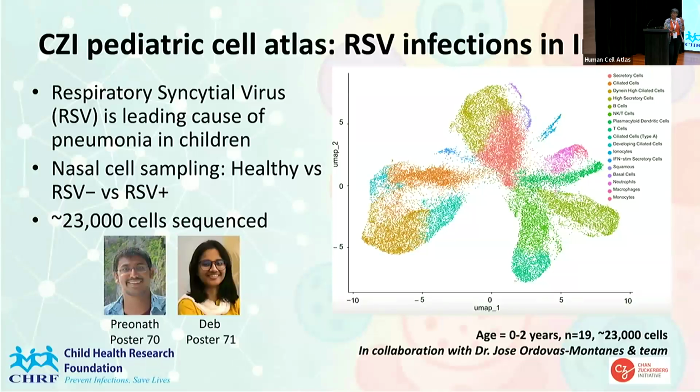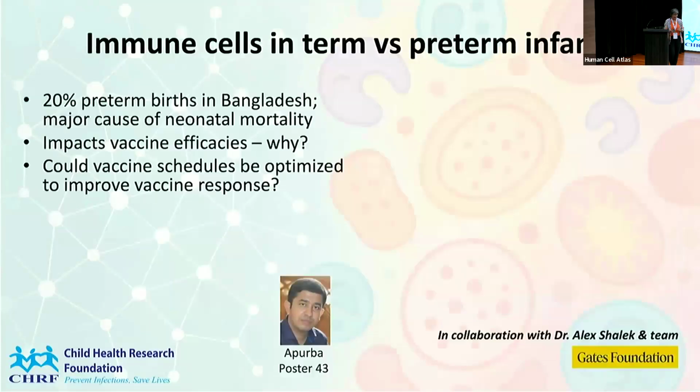If you want to know more details about this project, please go visit Priyanath and Deb and see their posters 70 and 71. We're already starting to see differences between healthy cases and cases with RSV infection. There are definitely different pathobiology that we are picking out.